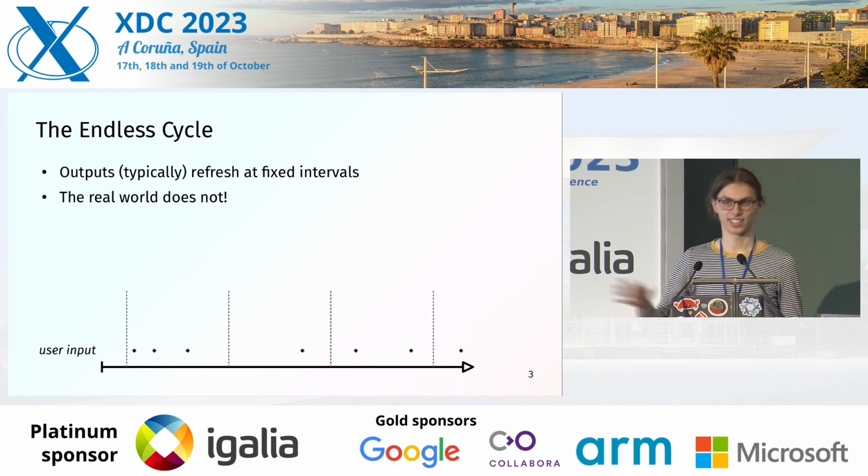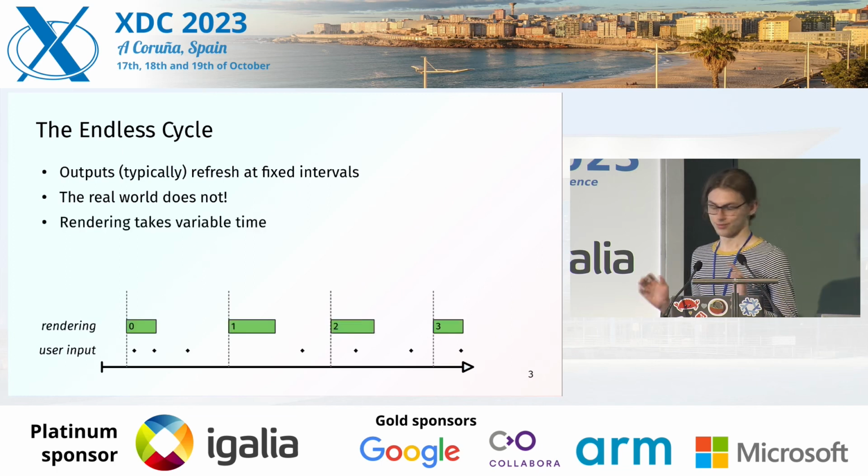Users can move their mouse, they can press keys, all kinds of things happen, and the users will be angry at you if these mouse movements take too long to get to the screen because they want it to happen in good time. And finally, not finally technically, but rendering, we don't know how long it's going to take before we do it. So that's another kind of spanner in the works.